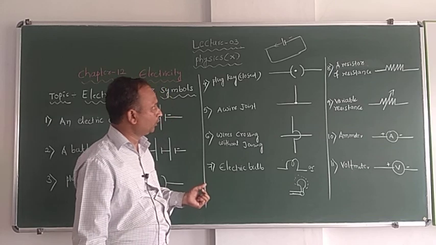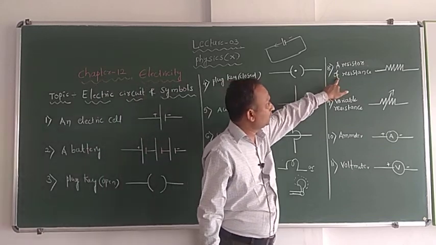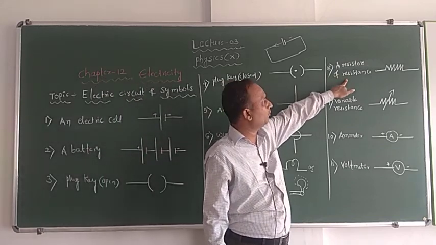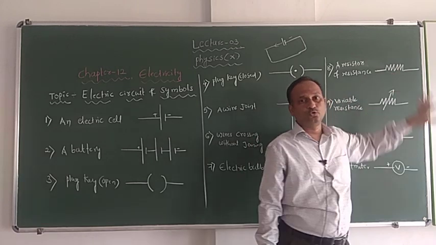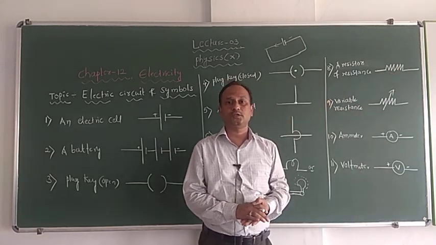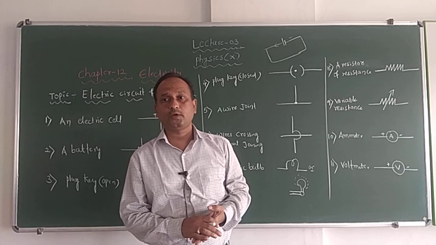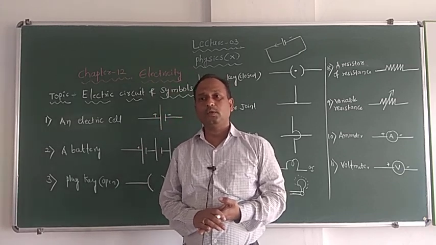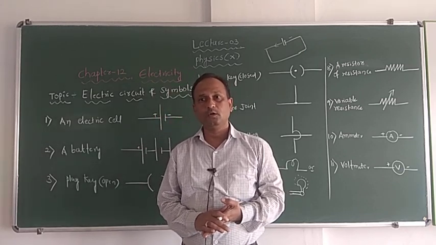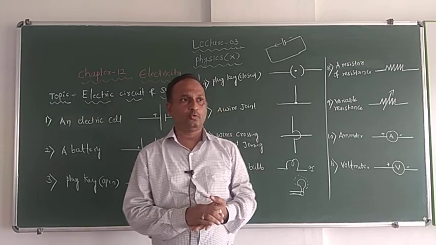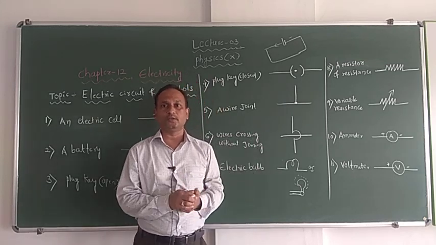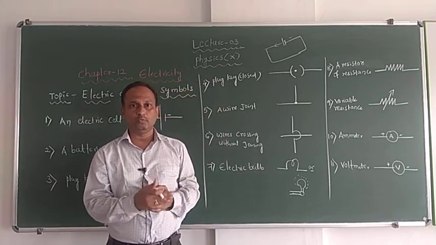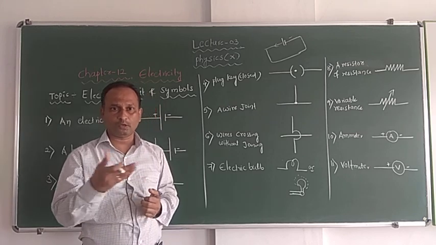Now we come to the resistor. The symbol of the resistor is this one. As you know, the main function of the resistor in the circuit is to oppose the flow of current. When there are more resistors in the circuit, the current will be less. Whenever we want to reduce the current in a circuit, we fit more resistance.